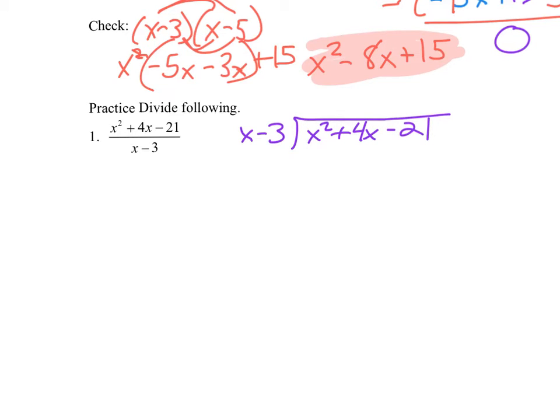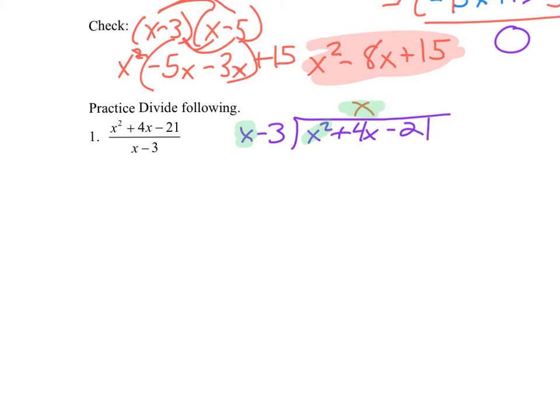X needs another x to get an x squared. So I have x times x is x squared.